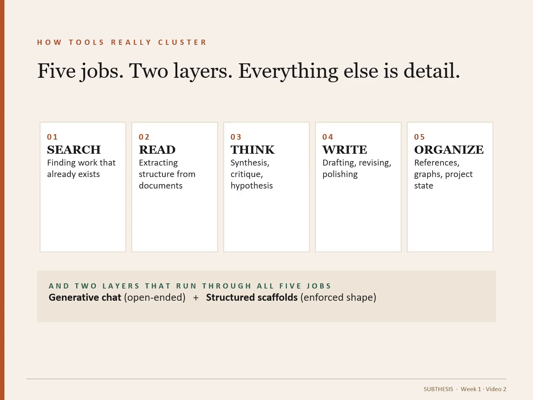Think: synthesis, critique, hypothesis generation, stress testing your own argument. Write: drafting, revising, polishing prose. Organize: keeping references straight, mapping the knowledge graph of your field, holding project state across months.